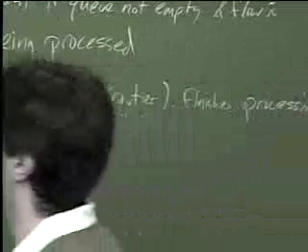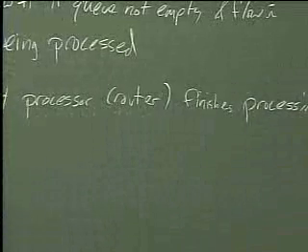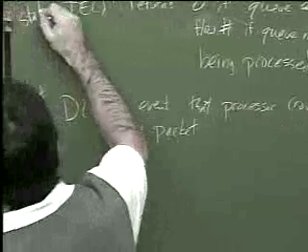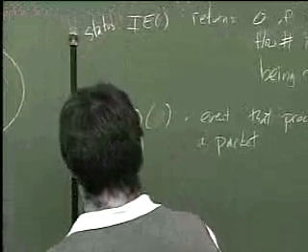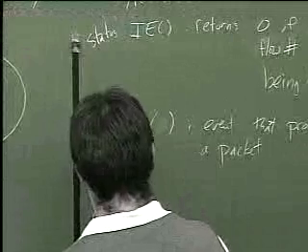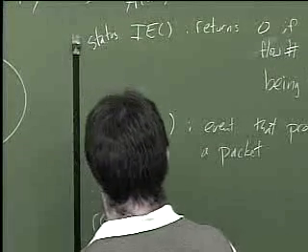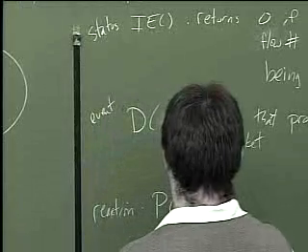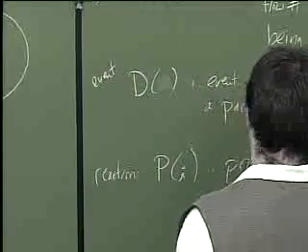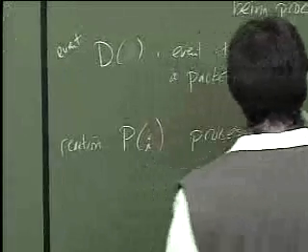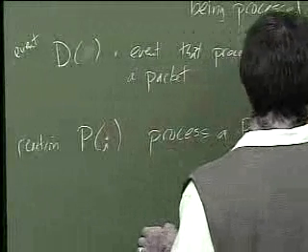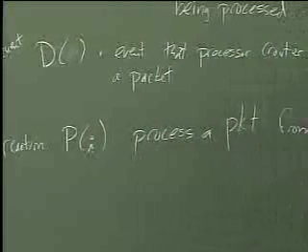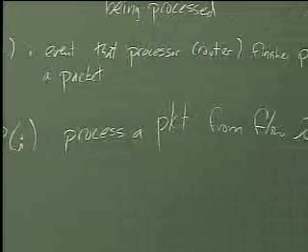So this is an event. This is a way I can check the status. And now here's a reaction. P of I is going to mean process a packet from flow I.